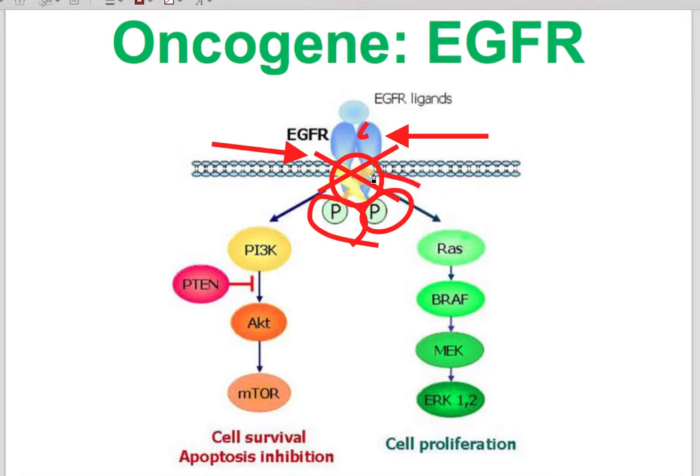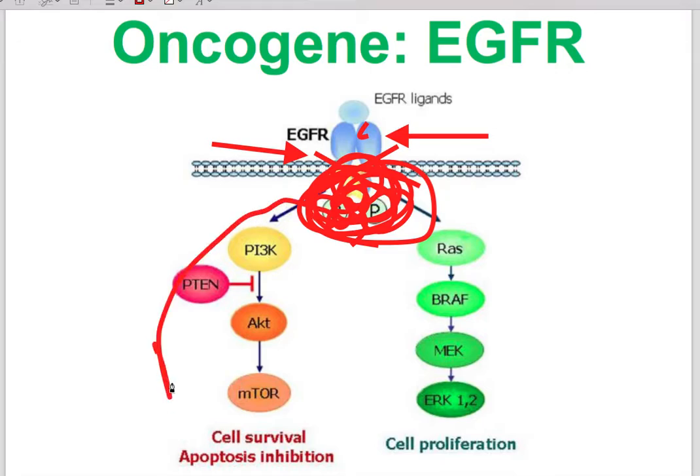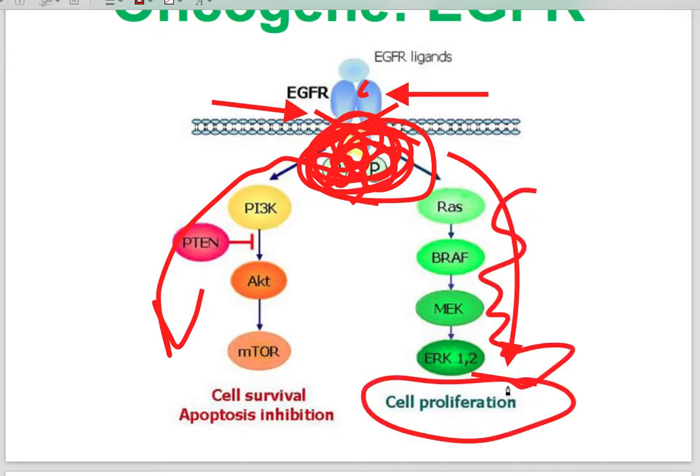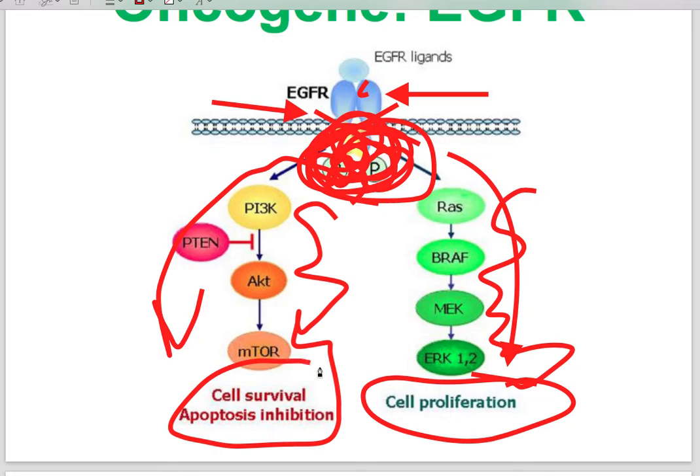If they never unbind, they keep signaling over and over again down pathways like this and pathways like this. So here's your transduction, 1, 2, 3, 4, and here's your activation. Transduction down this pathway, I'm actually very familiar with this pathway, 1, 2, 3, and then the final is cell survival. A lot of stuff in there.